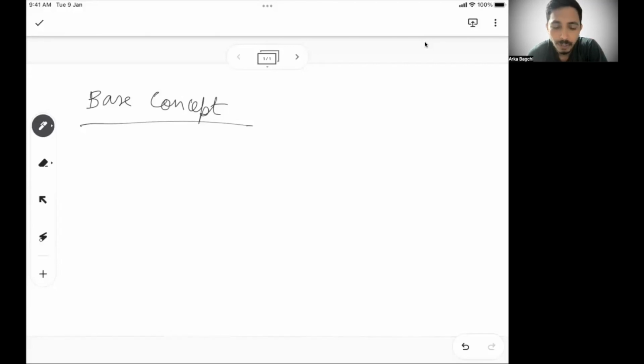Today we are going to talk about base concepts. So we have done number systems in detail and we have covered all the concepts, solved almost 4 dedicated sessions on number system problems. So to wrap it up, there is one area which is similar to number system but not directly tagged to number system, which is base concepts.